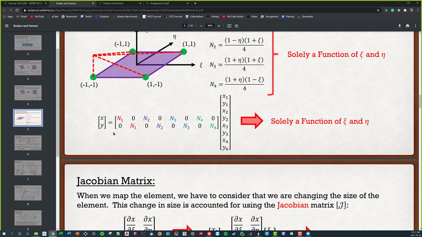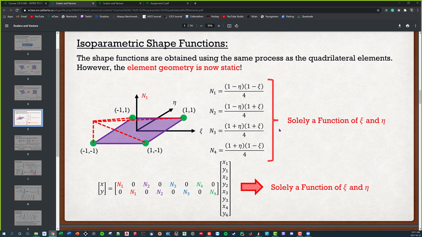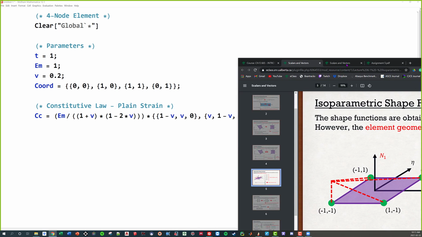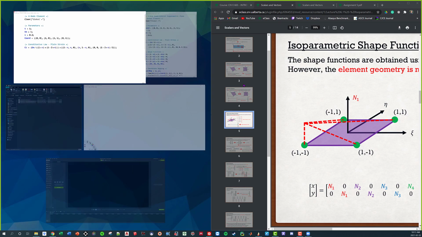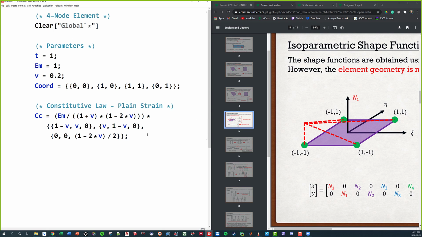But then we're multiplying it by a vector full of our shape functions. So we're going to have to create our shape functions. You're saying, Clayton, what are our shape functions? Well, they're right here. Nice and simple. I'll put this back to the side, and I'm going to create my next section, which is going to be our shape functions.